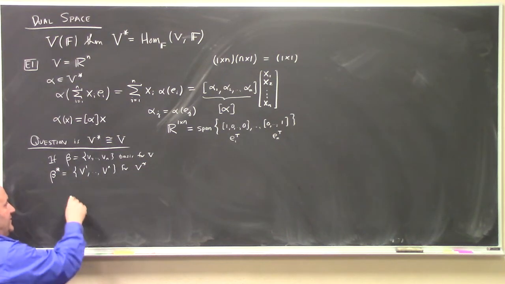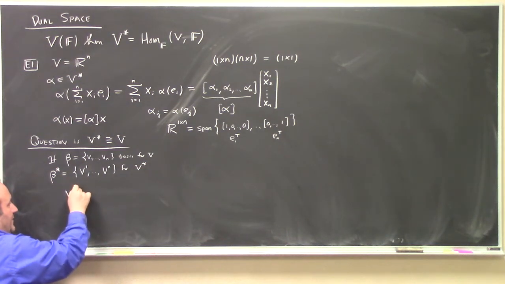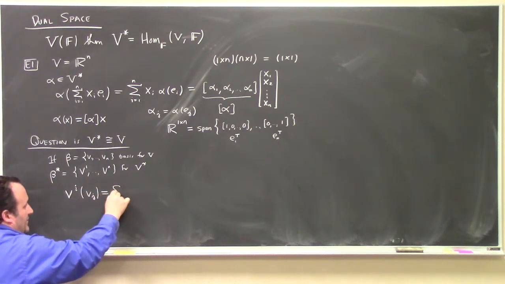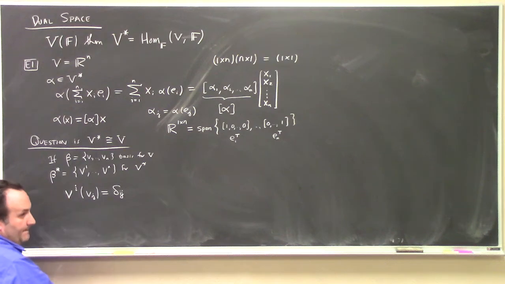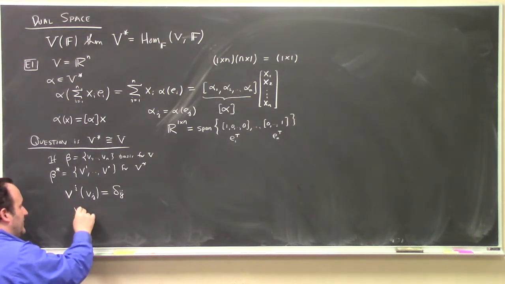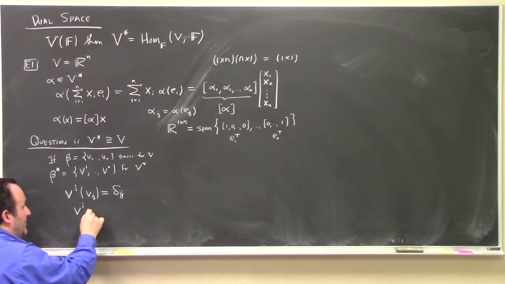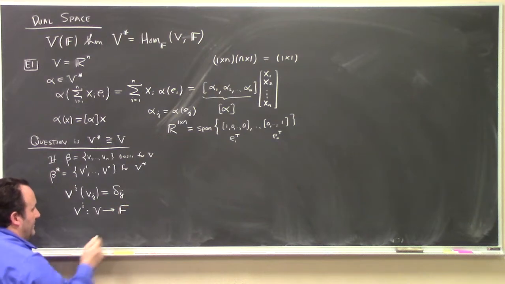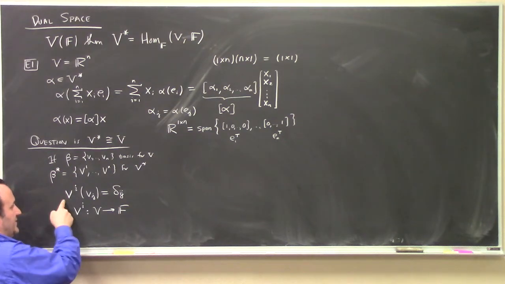Here's how we define it: V upper i on V lower j is the Kronecker delta ij. And V upper i is a mapping from V to your field.